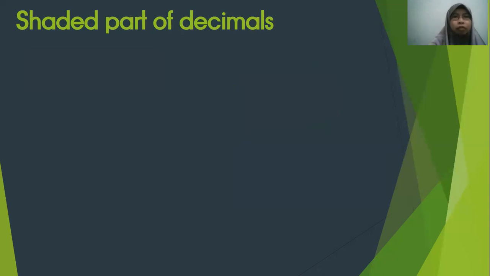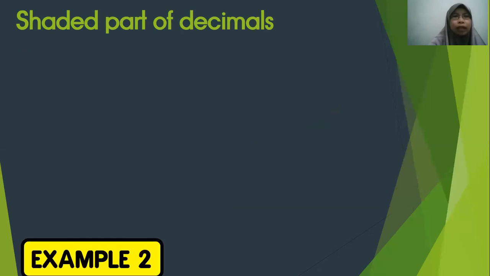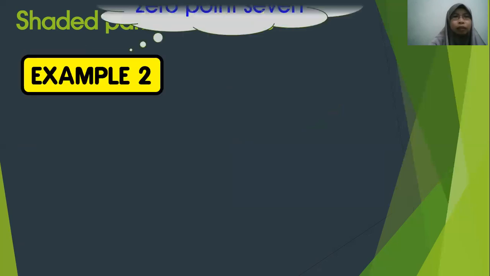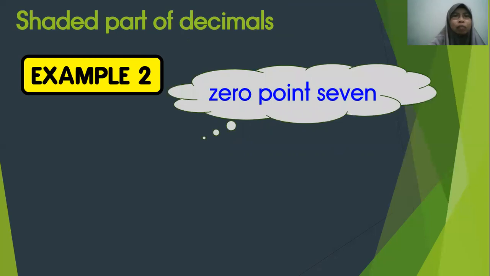Okay, so let's look at the next example. How about 0.7? Now we get the word, not the numbers. The word of decimal, 0.7. So how many parts must we color? How many parts must we shade?